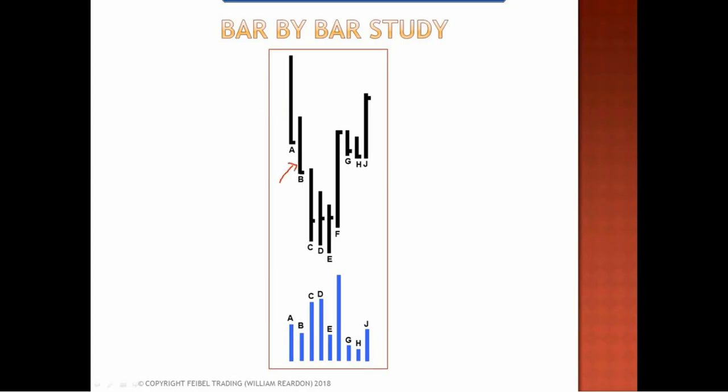What do we note about bar B? Well, it has a smaller spread, volume declines, and it also closes weak on its lows, and it makes a lower low. So we can see that the thrust has shortened. Now, this is the important part.